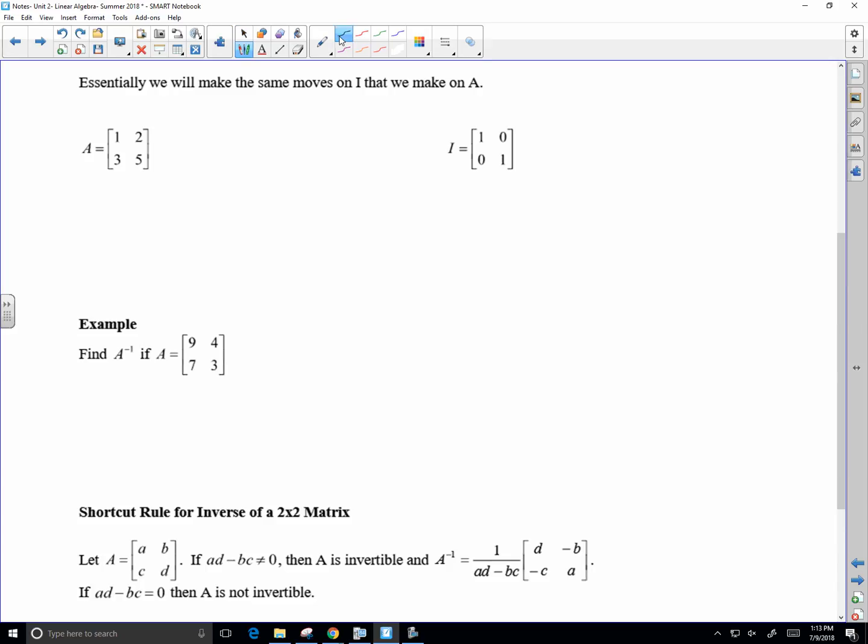So let's take a look. So I'm going to row reduce this. So little negative 3R1 plus R2. Get us started.